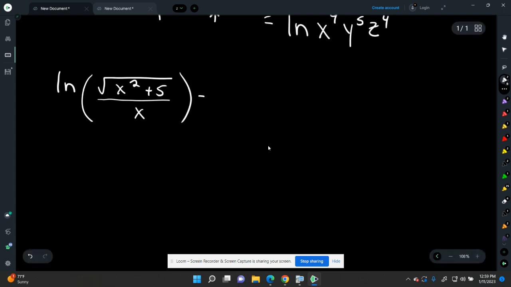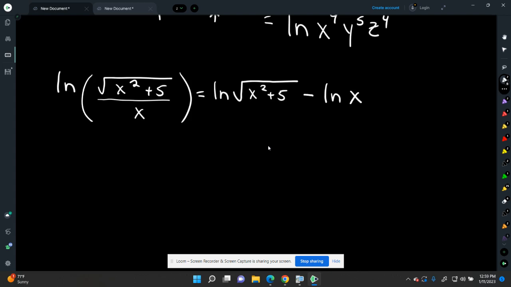So let's do natural log of the square root of x squared plus 5 minus the natural log of x. What do you think? Can I rewrite the square root? How could we rewrite square roots? To the power of 1/2. Let's do that.